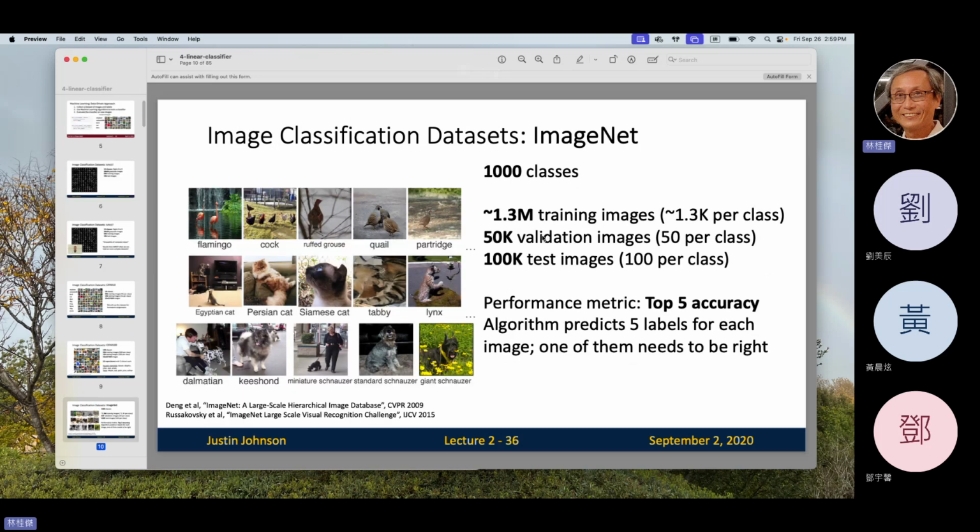Later, another one expanded this to 1,000 classes when computers were getting more and more powerful.